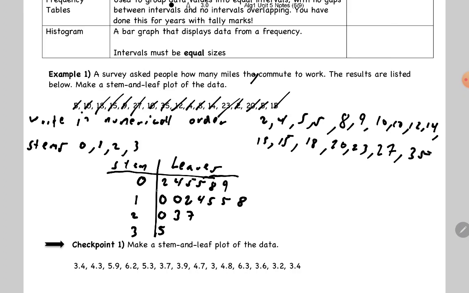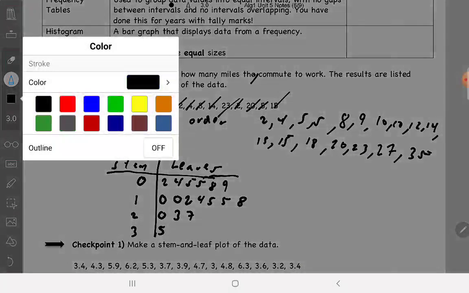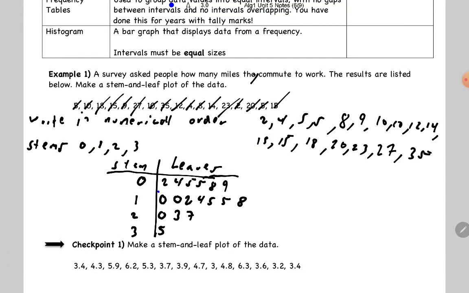If you look at it, it kind of looks like a bar graph. Once again, the stem is your leading digit: 0 for 0 to 9, and then we put the next digit: 2, 4, 5, 8, 9.